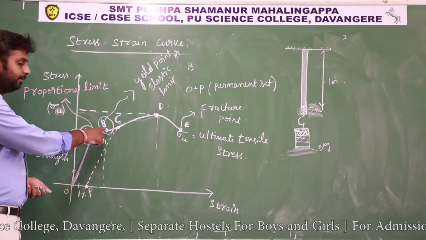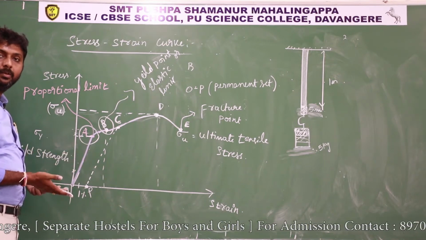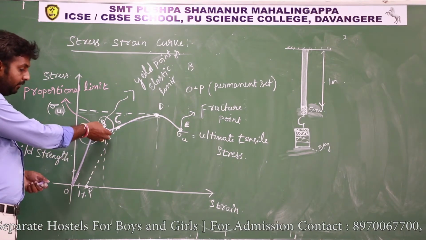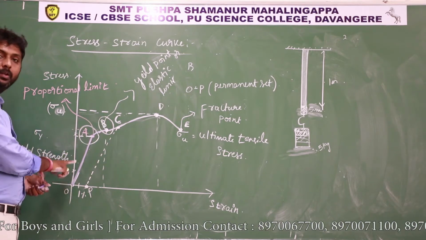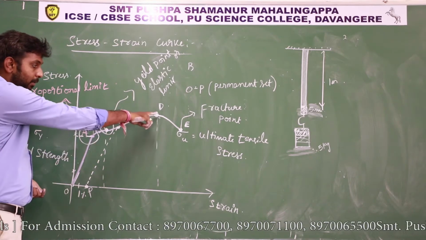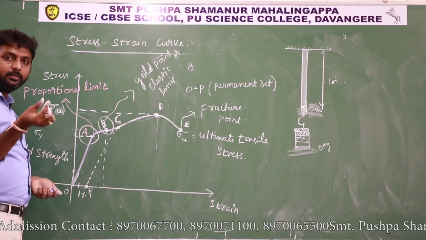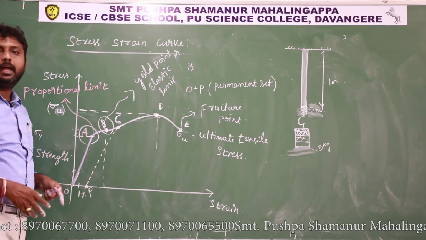From A to B, stress is not directly proportional, but if you remove all the weight, definitely the wire will regain its original size and shape.